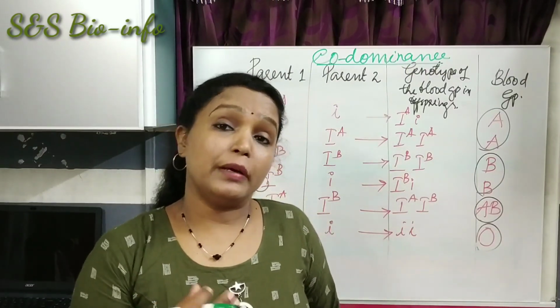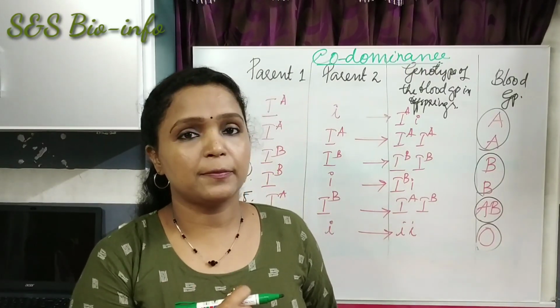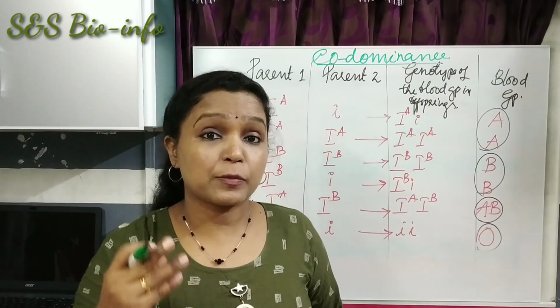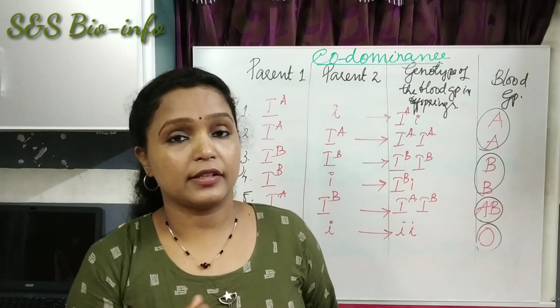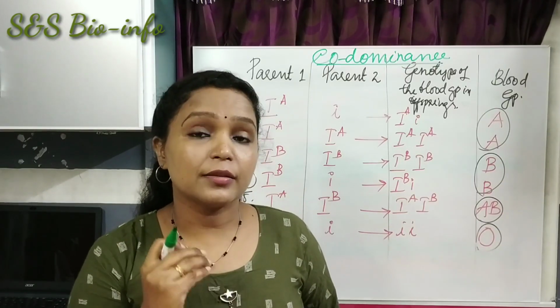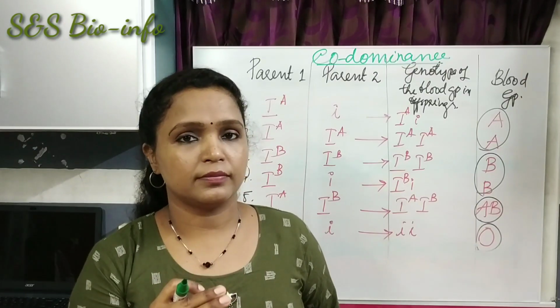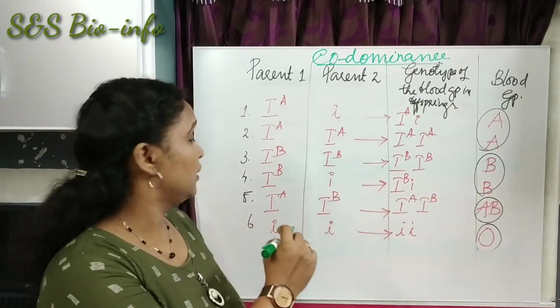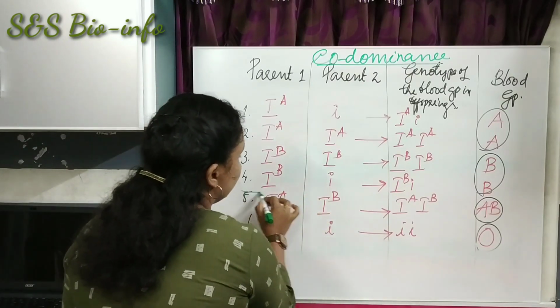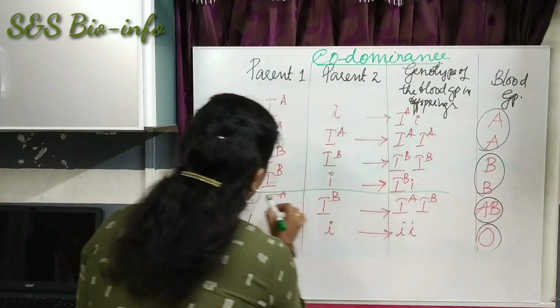Codominance is a non-Mendelian type of inheritance pattern in which two dominant alleles express their effects independently when they are in heterozygous condition. That's the meaning of codominance. Now look at this table that shows the blood groups in human beings. Here the fifth one, the blood group AB.